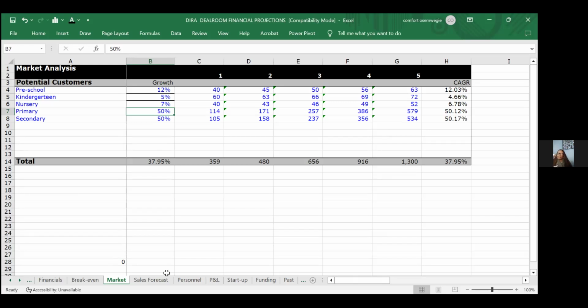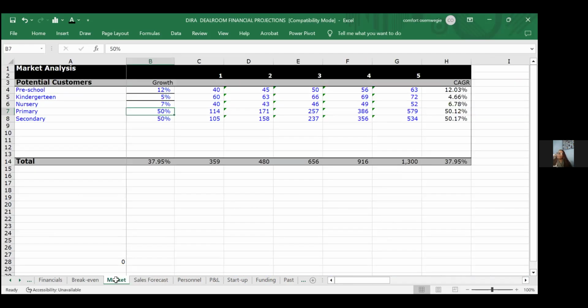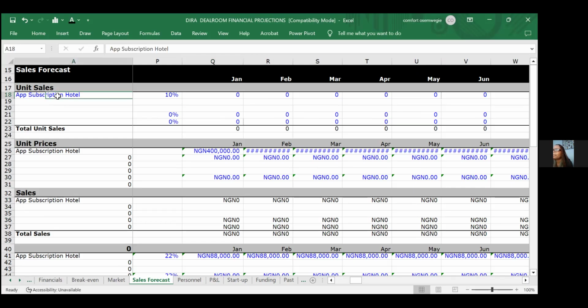You get it? Now, the beauty of this particular one is that you can plug in your DIRA Cohort. But this one, market, helps you determine how many customers you are chasing. Okay. So in your own case, app subscription, let me just copy so I don't have to type.